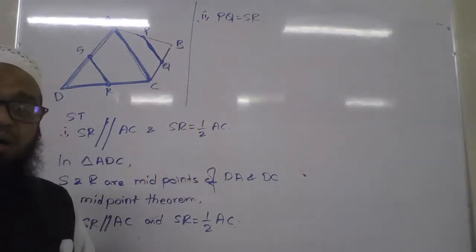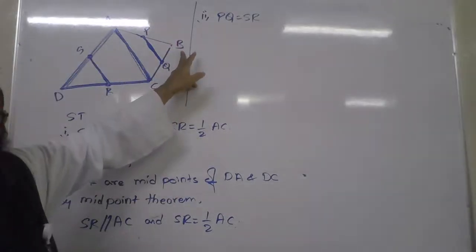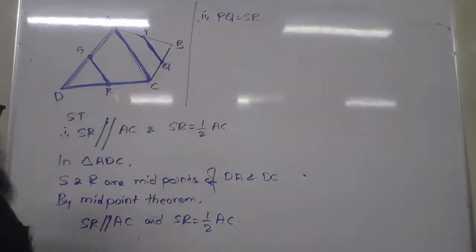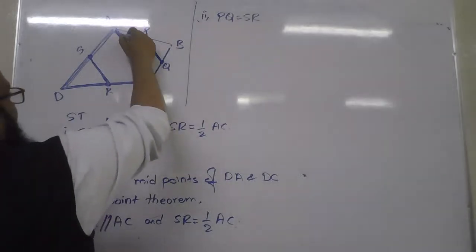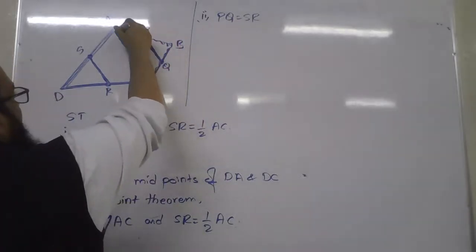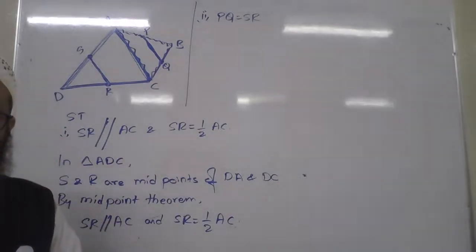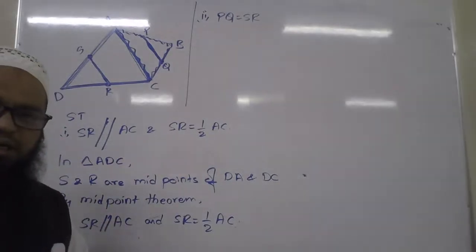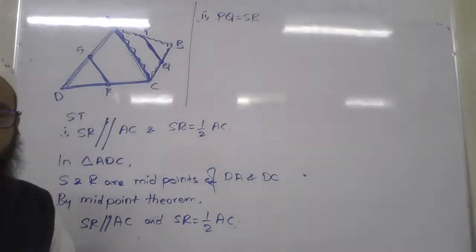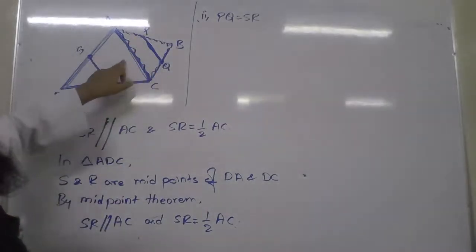P and Q are midpoints of AB and CB. Now, what does this form? I am just marking with waves so that you can identify it. Is this a triangle? Good. Kevin, it is a triangle.